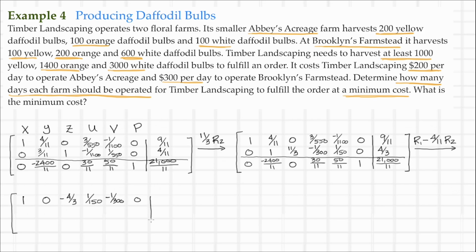Bring down the vertical bar. 4 thirds times 4 elevenths is 16 thirty-thirds, and 9 elevenths minus 16 thirty-thirds is 1/3. Close off the bracket, and we'll bring over the rest.